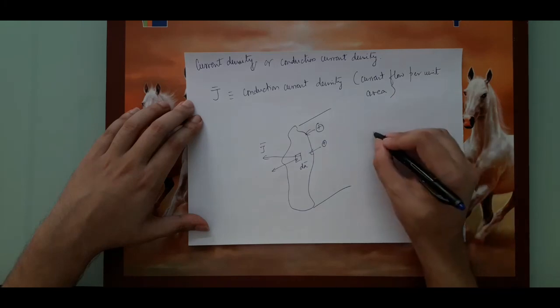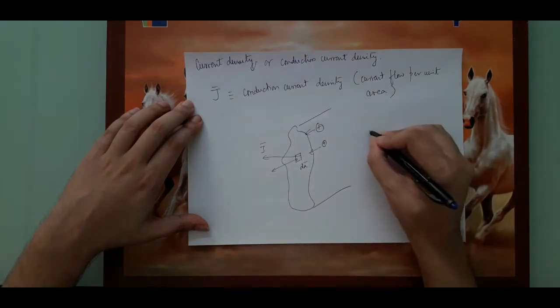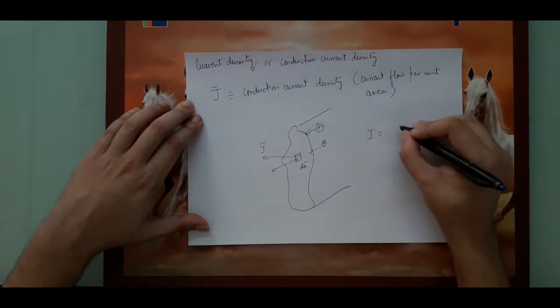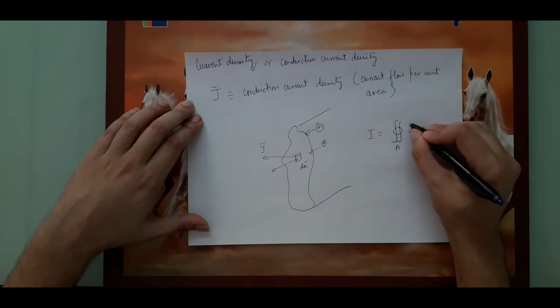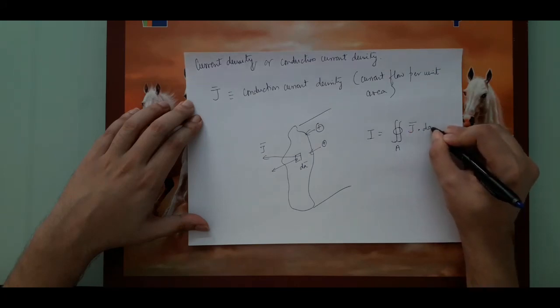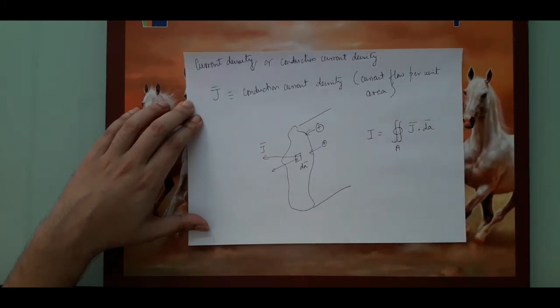So therefore I can say through this entire area the current is nothing but the area integral of the conduction current density integrated over the area element.